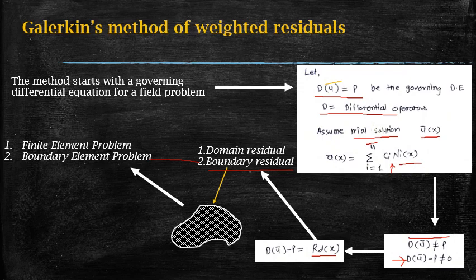Now in our problem, suppose this is the domain for which we have formulated the differential equation, or we will call it the governing differential equation, and this is the boundary of this domain. Whatever trial solution u bar of x that we have assumed satisfies the boundary conditions, which means there will not be boundary residuals, only domain residuals. And therefore, since boundary residuals do not exist, our problem is a finite element problem.